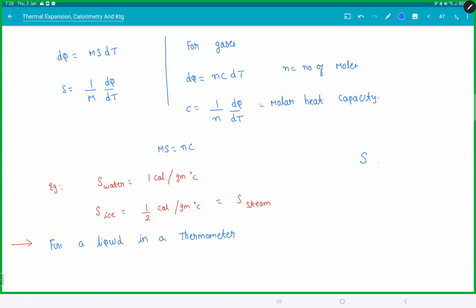Meaning we're talking about S and gamma. I want to create a thermometer with a liquid. Now that liquid should have high specific heat capacity or low specific heat capacity, high coefficient of volume expansion or low coefficient of volume expansion. What do you guys think? Again, ask yourself, what is gamma? Gamma tells you higher the gamma, more easily liquid will expand, isn't it? Higher the specific heat capacity, more difficult to change the temperature.